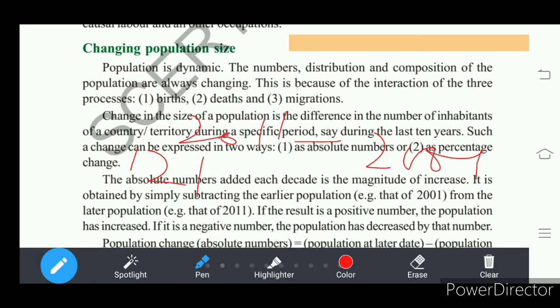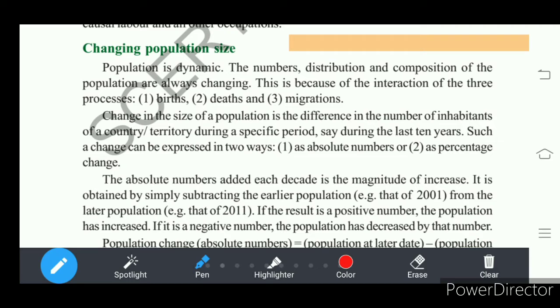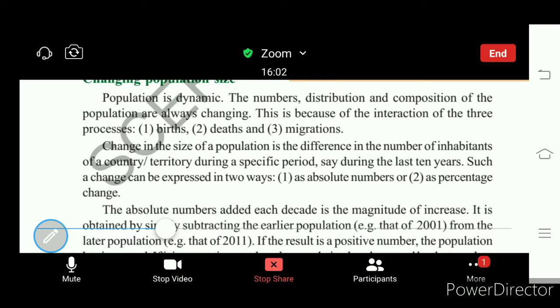By 2001, the population was 102 crores. When you subtract 102 from 121, you will get a figure, and that figure is called the absolute number. So change in population size is expressed in one method, that is absolute number, by subtracting the earlier, past census from the latest census, that is 2011.